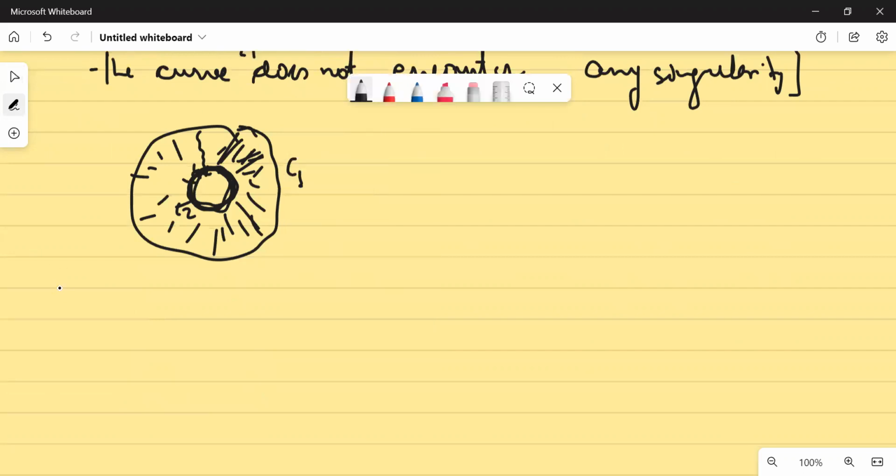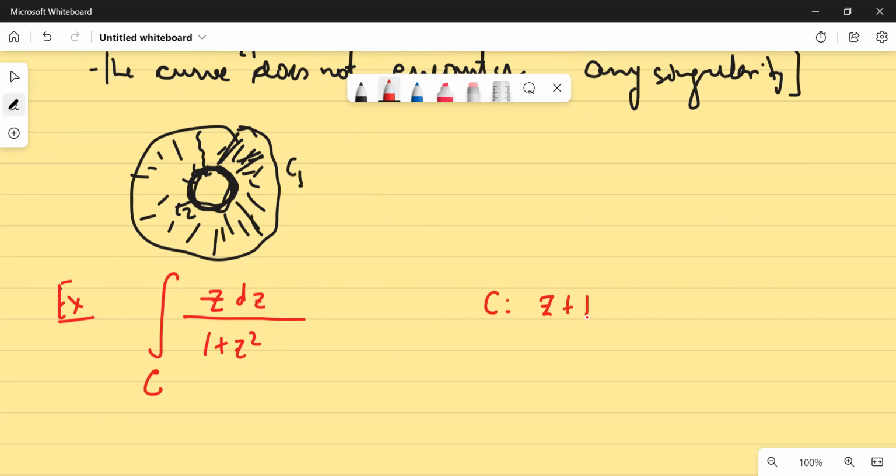Okay, so the example is, let's say, I'm telling you to evaluate the integral of z dz over 1 plus z square over C, where C is given by mod of z plus 1 by 2 equal to 1 by 2, traversed anticlockwise. Traversed anticlockwise means you are taking the positive sense of rotation.